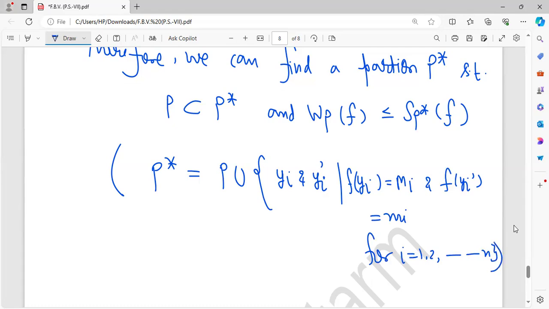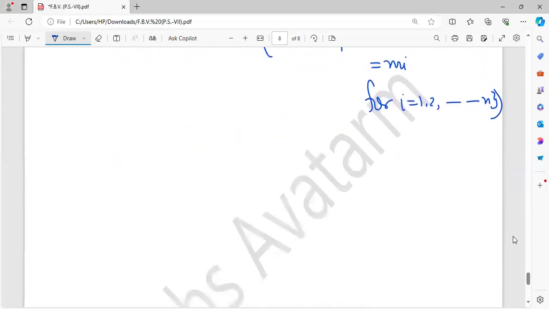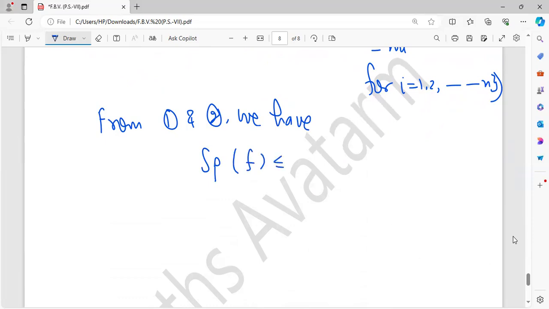So this is a partition. So this is equation number 2. So from 1 and 2, we have S(P,F) is less than W(P,F) is less than S(P star, F).